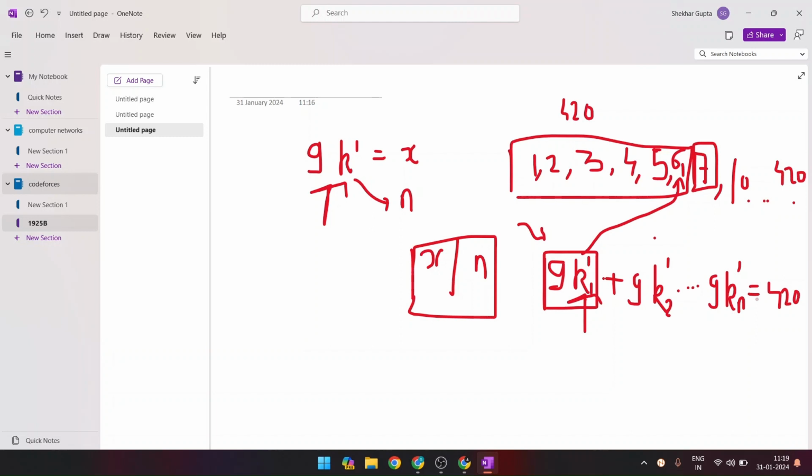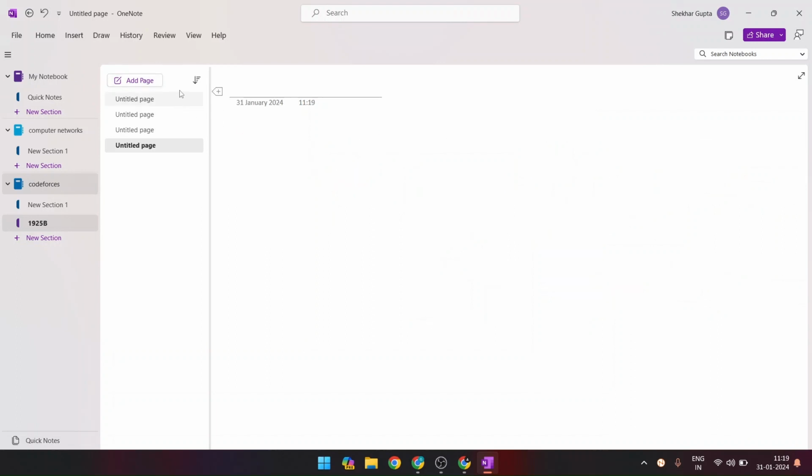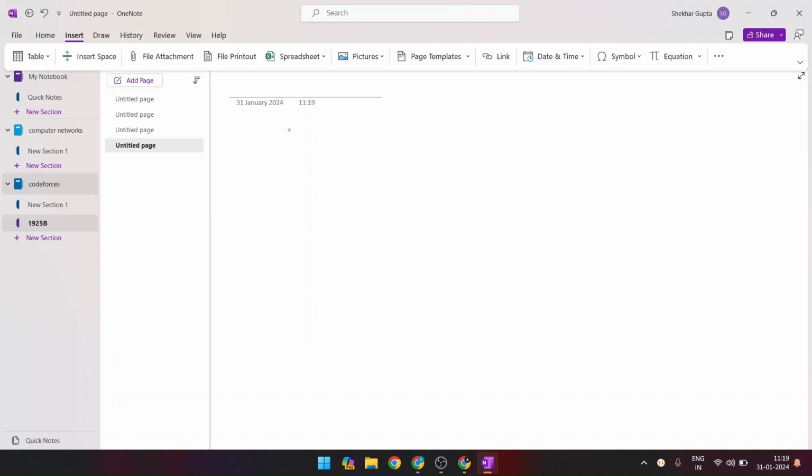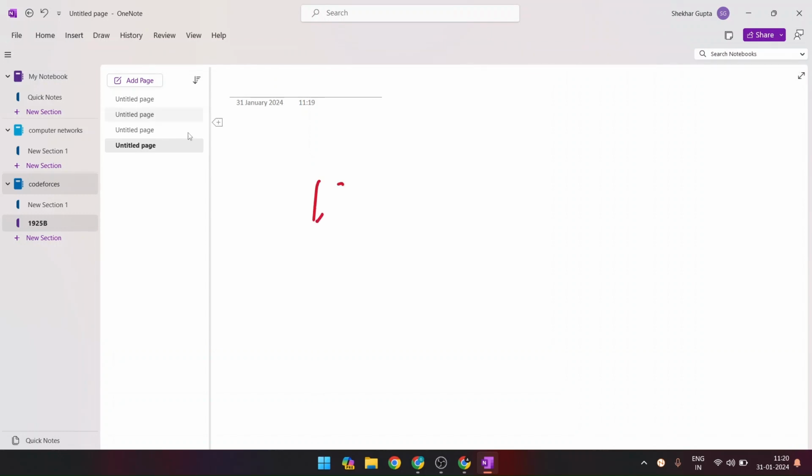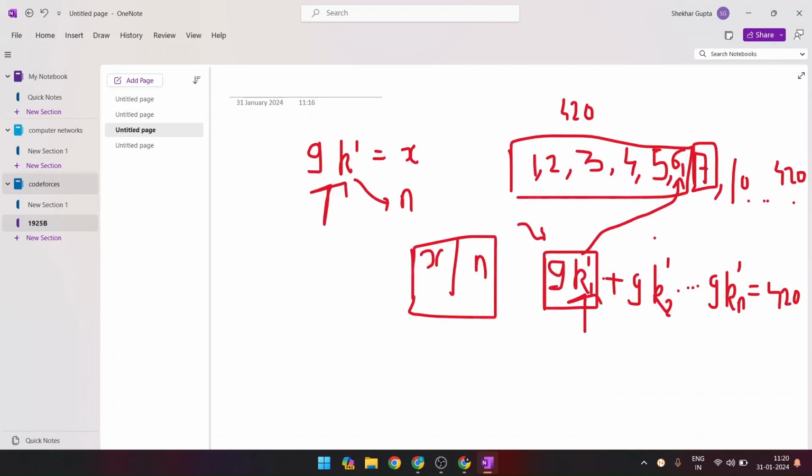So my approach is that I would take all the factors of my x, and then I am limited by this x by n ratio. So I can have a lower bound for that. Let's say here we have 1 2 3 4 5 6, and we saw that my x by n is 6. So my GCD is limited by 6.